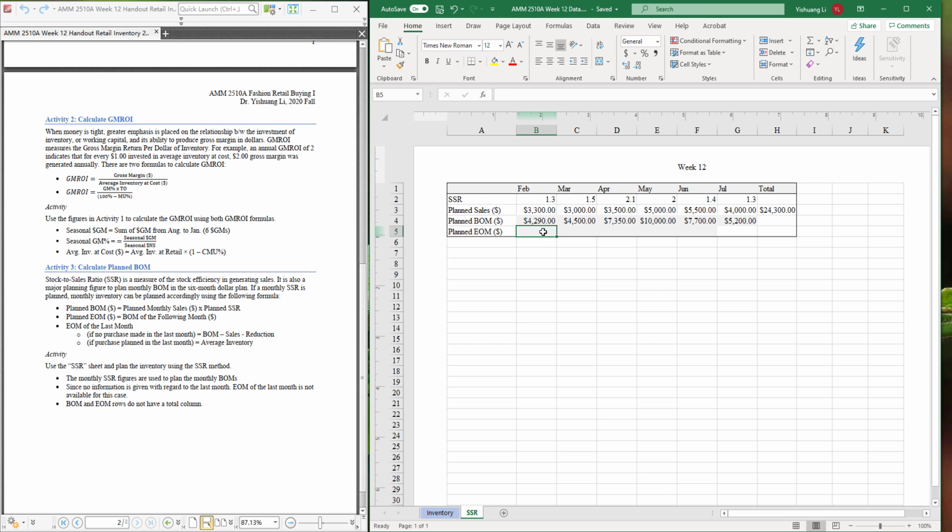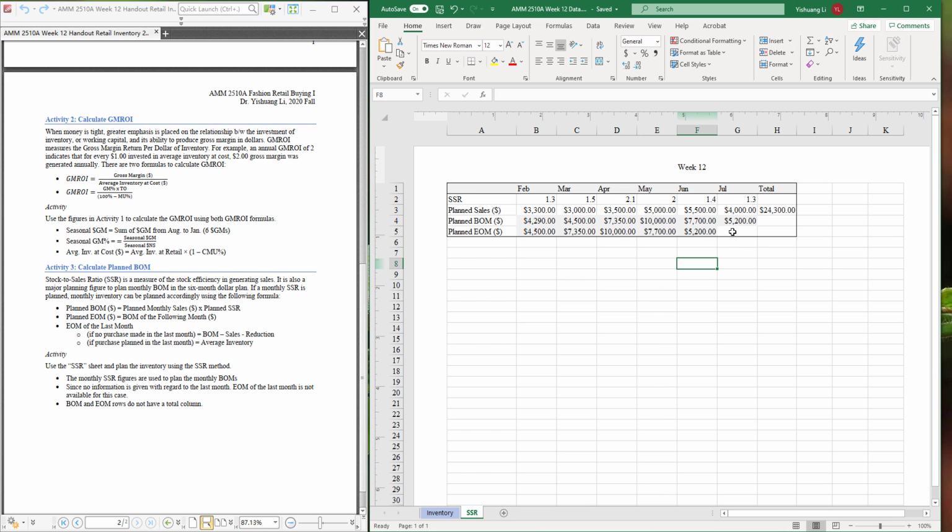So February's EOM equals the following month's BOM, and we should be able to apply the formula again to the row.